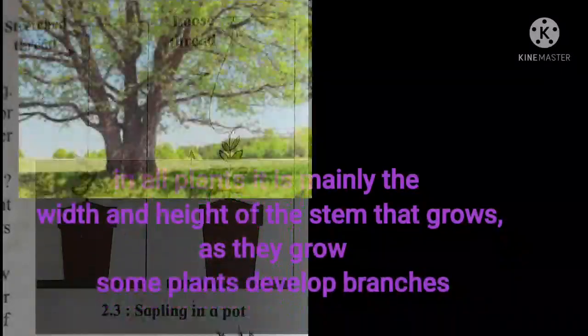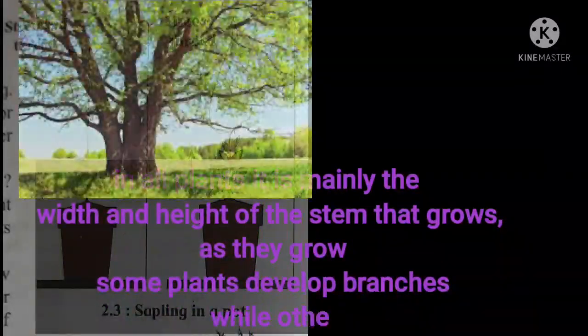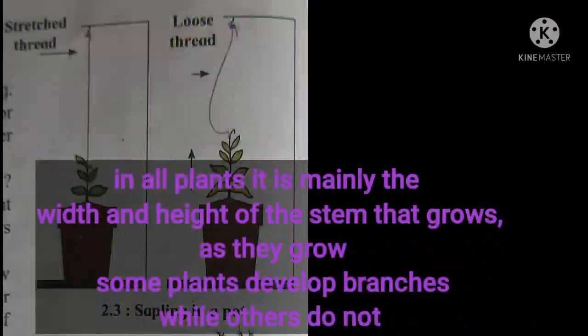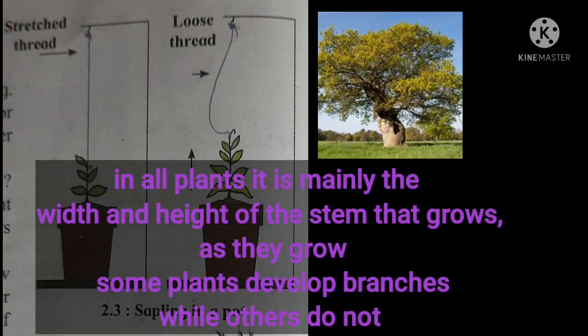The main part of the plant is the stem, and it is the stem's width and height that grows as plants grow.